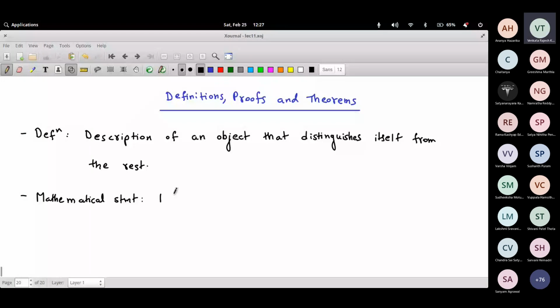It expresses that some object has a certain property. It may be true or false.